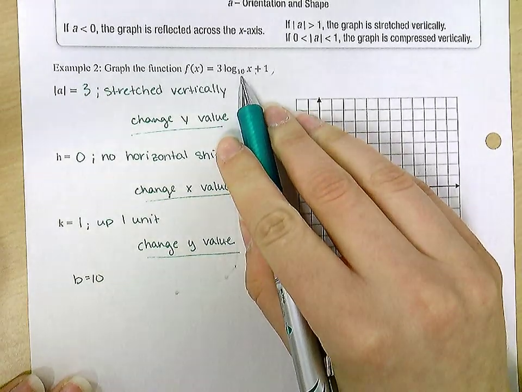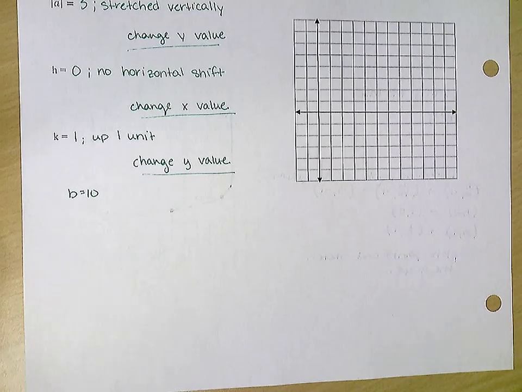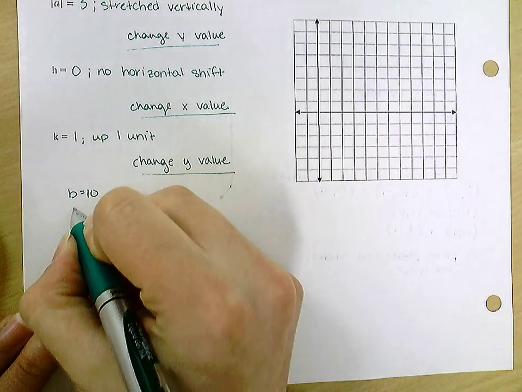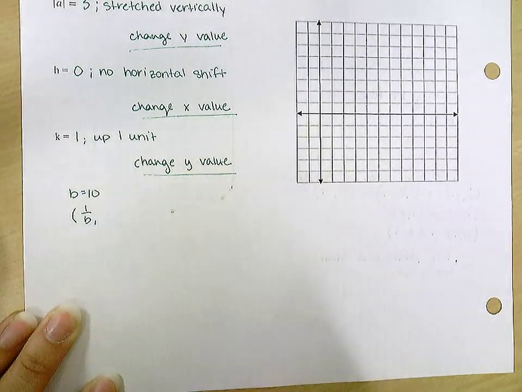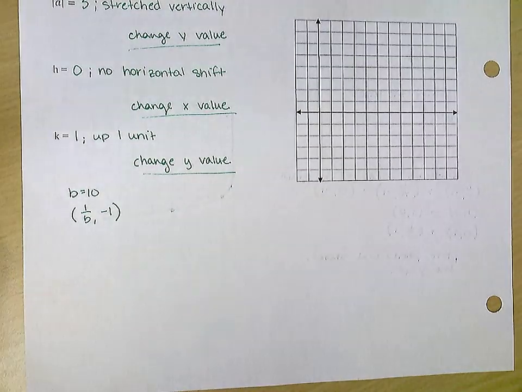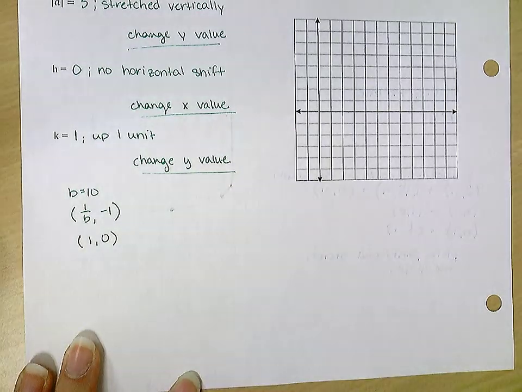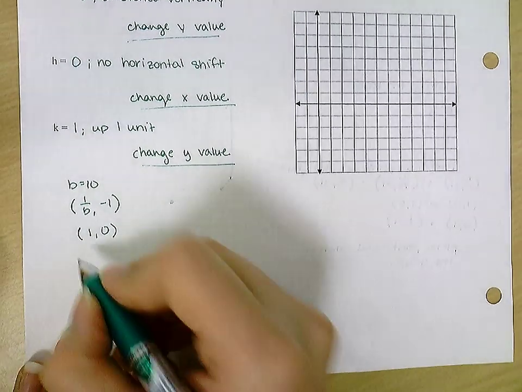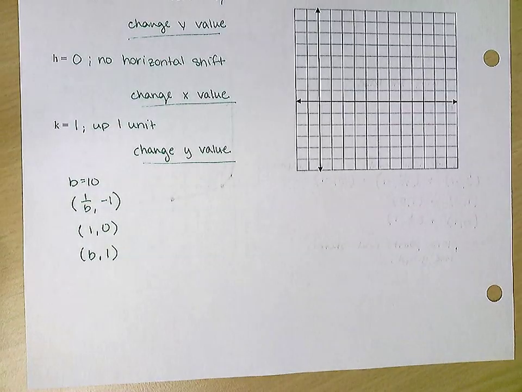That's our base value there. So now I can write out those 3 coordinate points. I'd be at 1 over b, negative 1. My other one is at 1, 0. And b, 1. Those are the 3 points that I have.